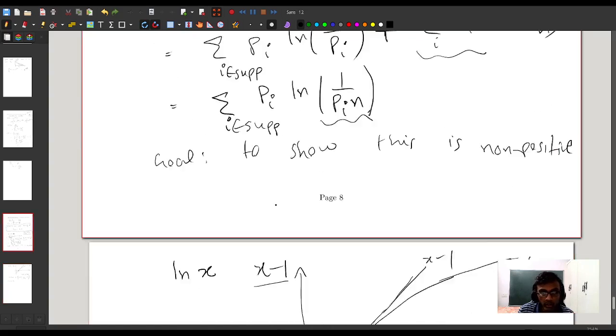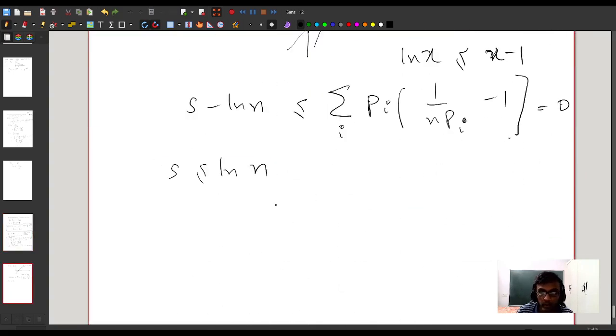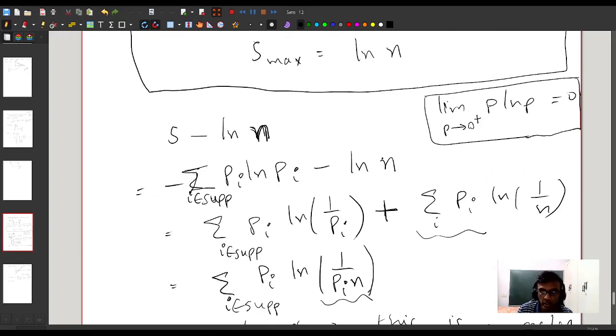Yeah, so anyway, the right hand side in this equation is 0, because even for this summation, the probabilities will of course have to add up to 1.